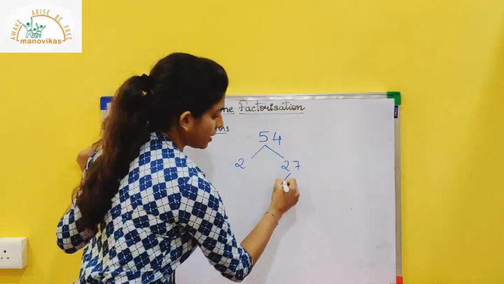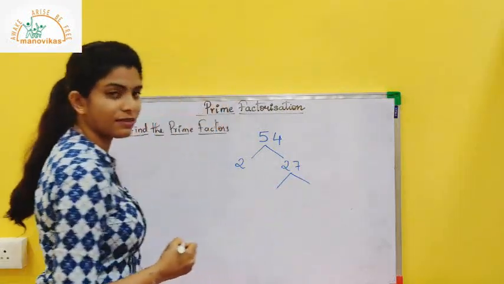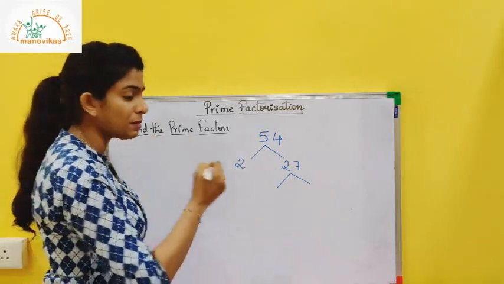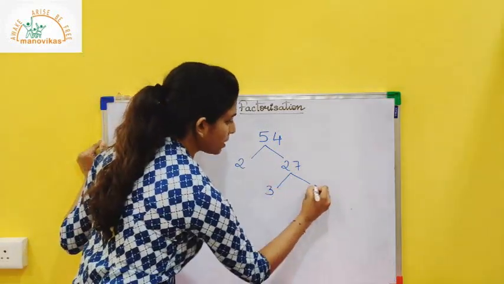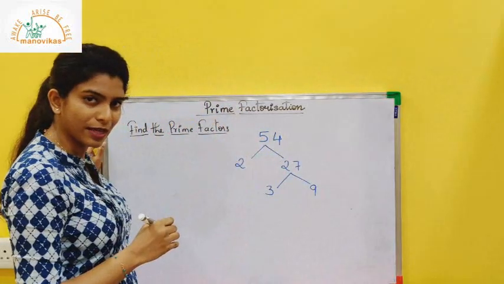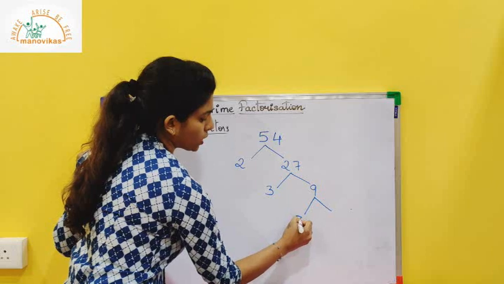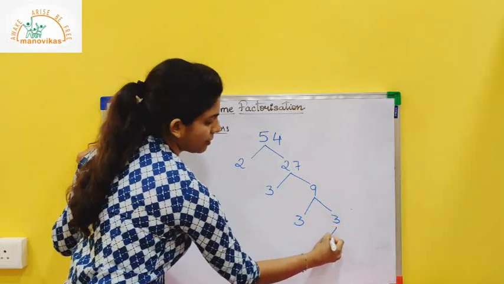Now I got 27. Again I have to divide 27 completely. So it is not possible by 2. So what is the next prime number? It is 3. 3 9s is 27, right? Now I have to divide 9 now. So 3 3s is 9.